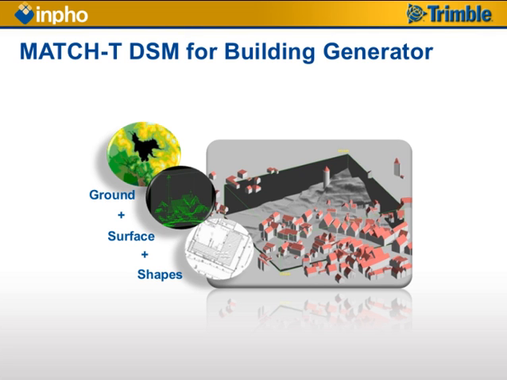The building generator is our tool to automatically create level of detail 2 city models from LiDAR data and shapes that we need. So what we need to create those city models is the true ground points. We need to have the surface model, which could, for example, be derived by MatchT DSM. And we're using shapes that are probably derived from a cadastral map.